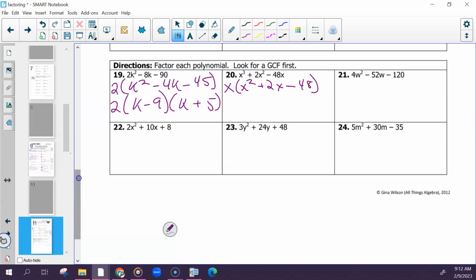So then think about your factors of 48. One of them has to be negative since c is negative. Of those factors, which would add to b, 2? To multiply to 48?